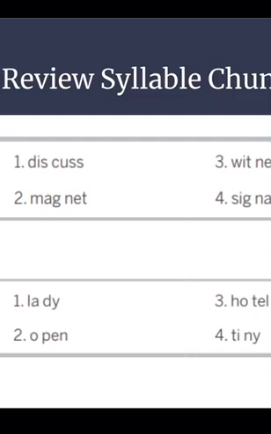Discuss. You can clap or you can put your hand under your chin and say the word discuss. And how many times does your chin drop? 2. So that word is chunked based on the vowel sound. Our short vowel sound I and our short vowel sound U. Dis-cuss.